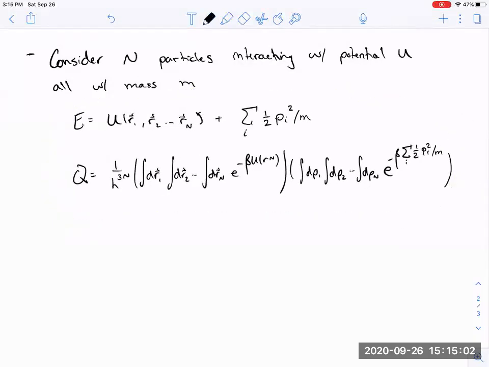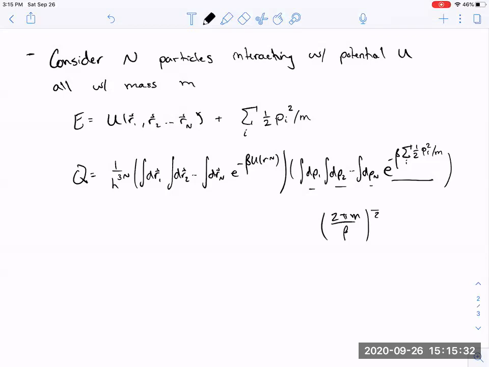Now, each one of these factors in the Boltzmann factor for the kinetic energy can get distributed to its own integral. Each one of those integrals is then a Gaussian integral, which means that we can do them, and when we do them, we get the typical Gaussian result of 2 pi playing the role of a here. I get a factor of m and a beta underneath, and that would be under a square root.